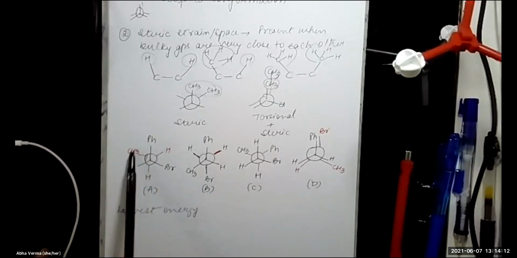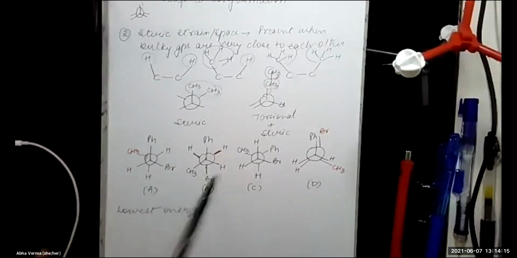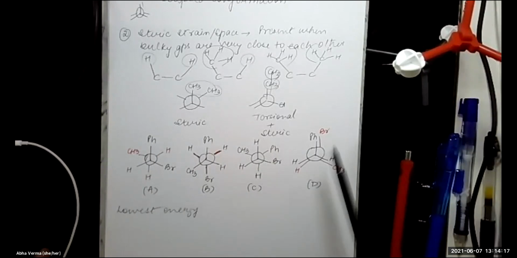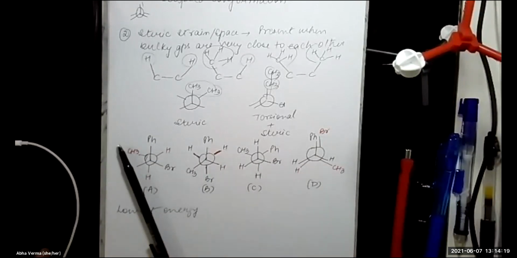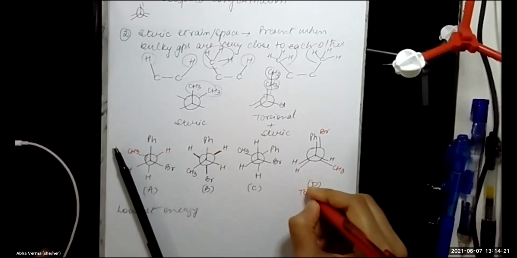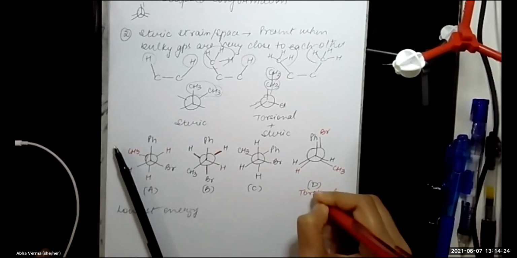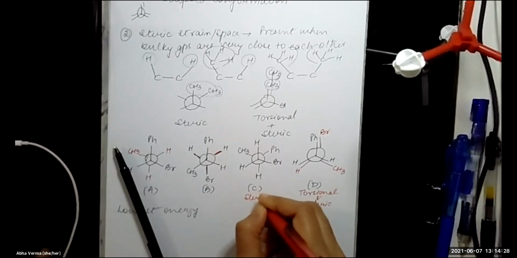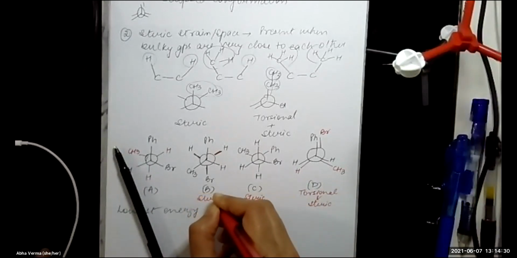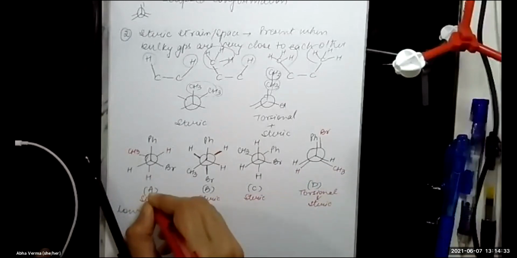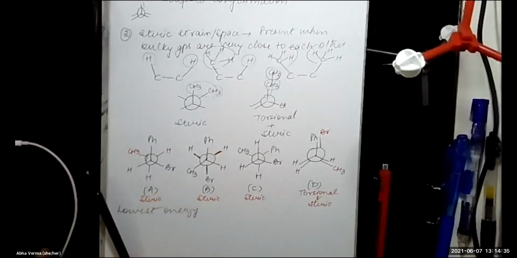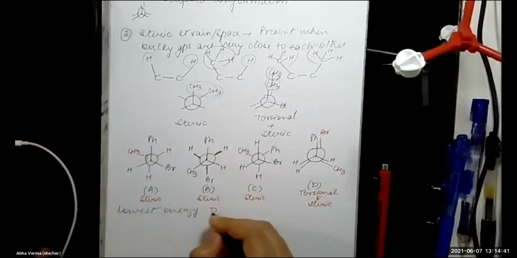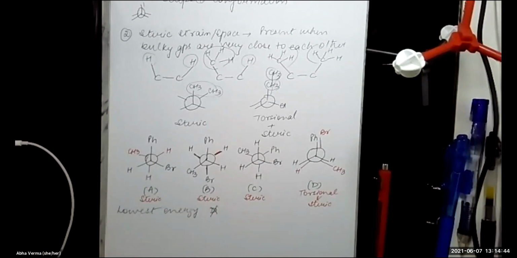Do you see the steric strain here, and the steric and torsional strain here? So this molecule has both torsional and steric. All of these just have steric. So if we had to answer the highest energy, we would have chosen this one. So for lowest energy, D is out of the question.